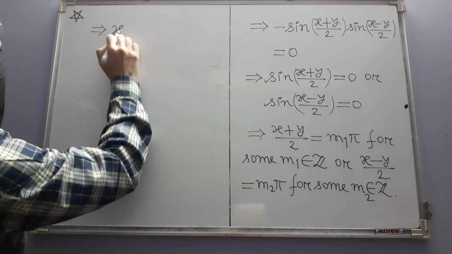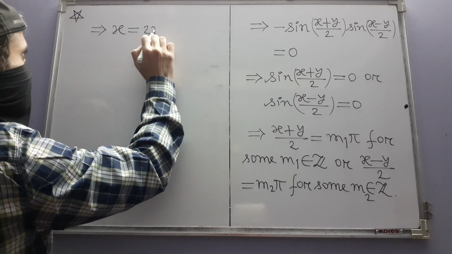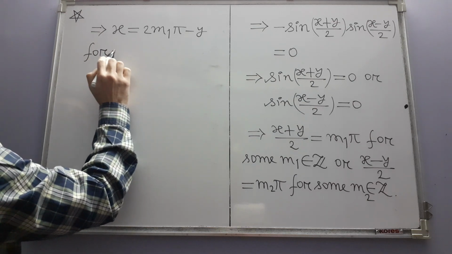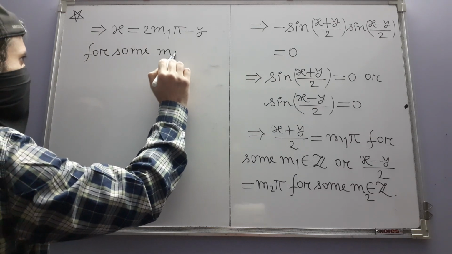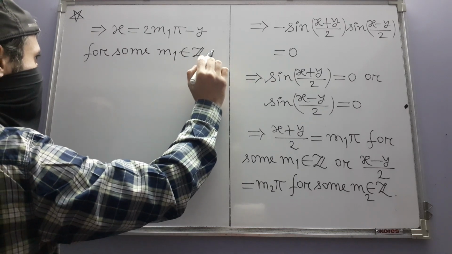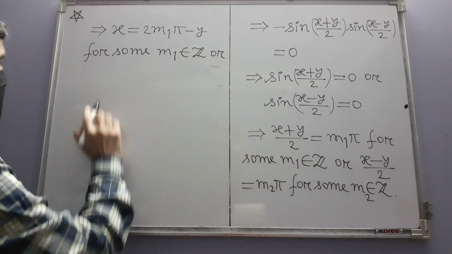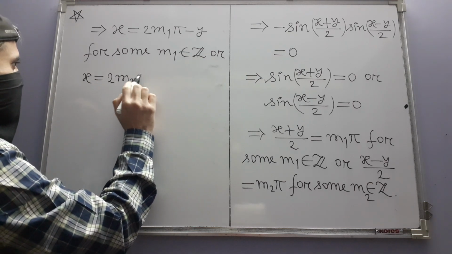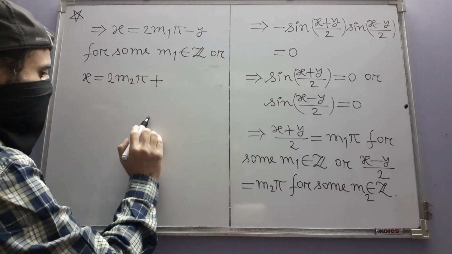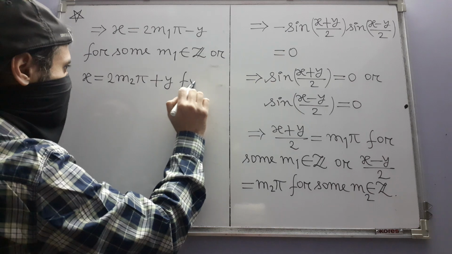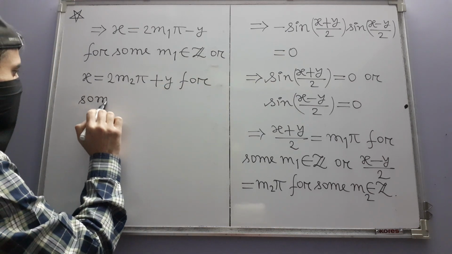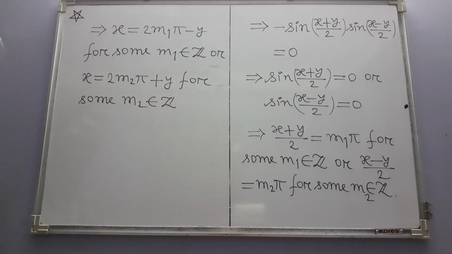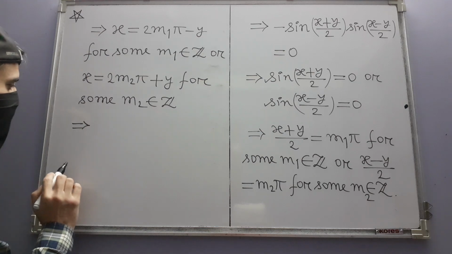So that gives you x equal to 2m1 pi minus y for some integer m1, or from this one we will similarly get x equal to 2m2 pi plus y for some integer m2, and both these things can be simultaneously written at once like this.